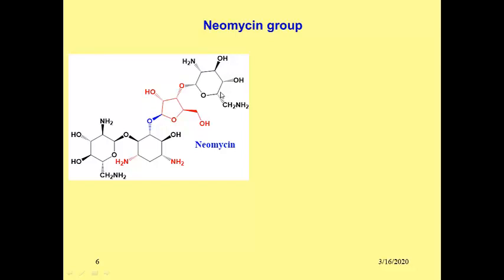So neomycin contains 3 sugars, more polar, more nephrotoxic, so its use is restricted only to local effect, either in the GIT or topically through eye drops, eye ointment, or creams.